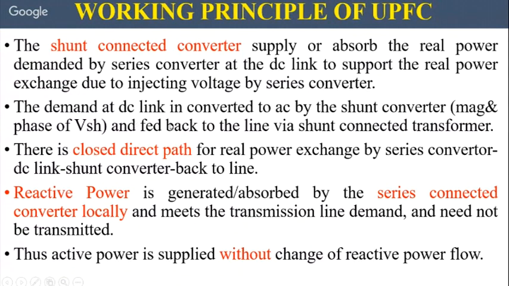If it is excess it will be fed back, and if it is required or requested by the transmission line, it will be drawn from the sending end voltage, or where the shunt converter is connected. Thus there is a closed direct path for real power exchange by the series converter, then the DC link, then the shunt converter, then back to the line.